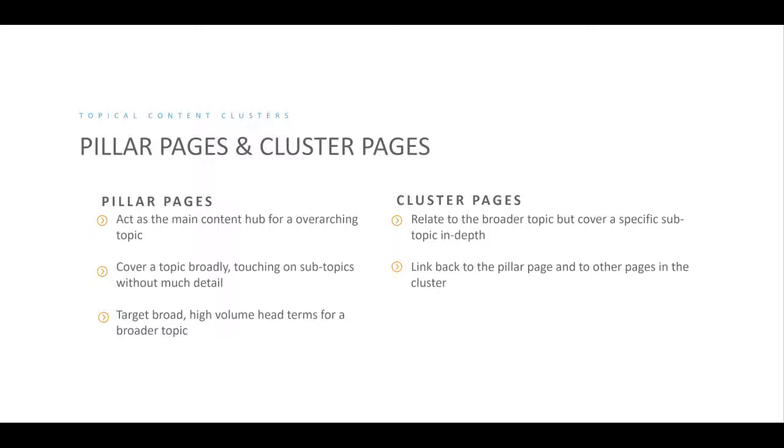The cluster page should link back to the pillar page and can link to a limited number of other pages in the cluster. We don't want the cluster page to be mistaken as the pillar page by linking to all other pages. So when we say a limited number of pages, a good example would be if we had a series of learning material, you could link to the course overview, which would be our pillar page, and then the next topic in the course series and the previous topic.